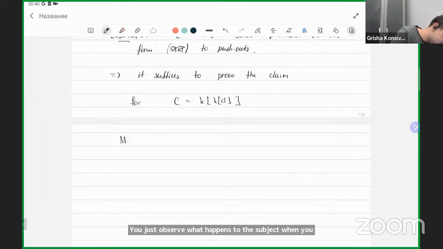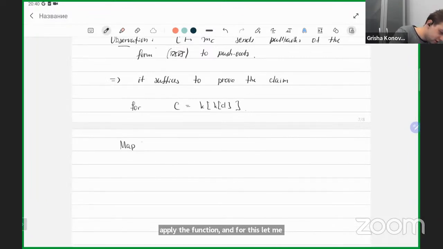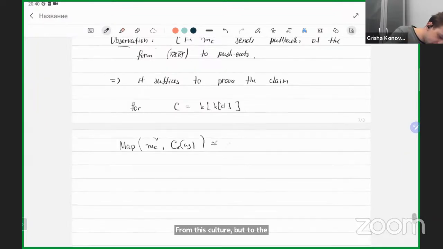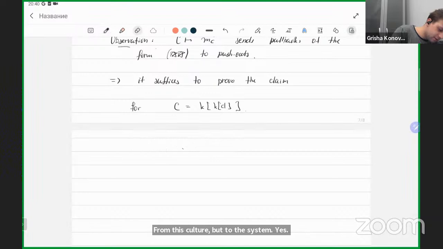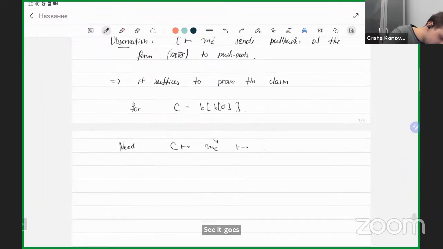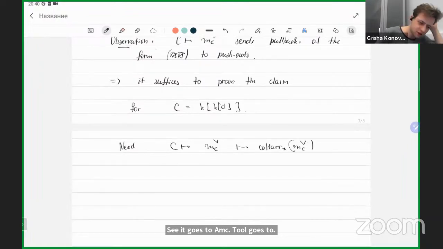And for this, maybe let me rewrite the mapping space from this algebra to the C star as maps from, okay, basically what I need to show is that C goes to MC dual goes to Cohar of this preserves quasi-isomorphisms.